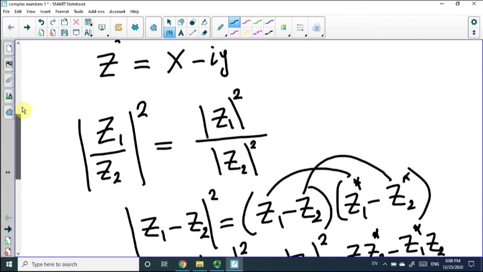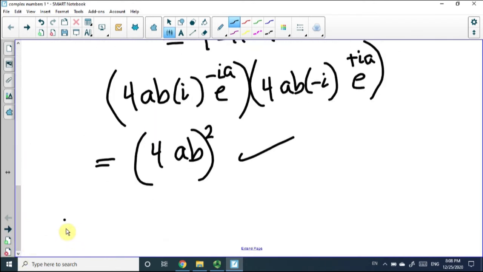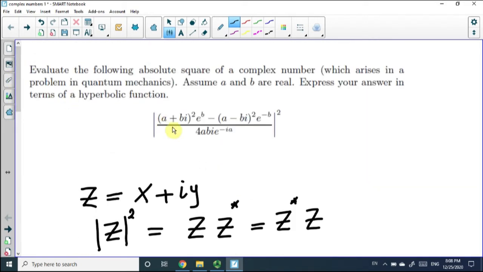Now for the numerator, we notice that it's a complex number minus a complex number, so we can use the result we just found earlier. The first complex number's absolute value squared will be the absolute value of the bracket squared times the exponential e to the b, which is real.